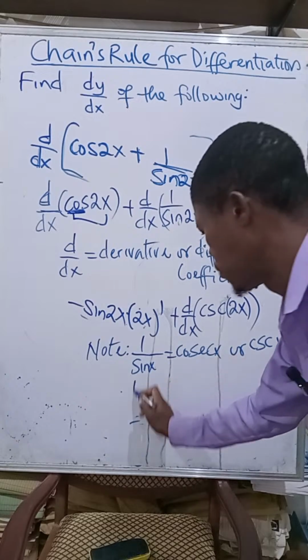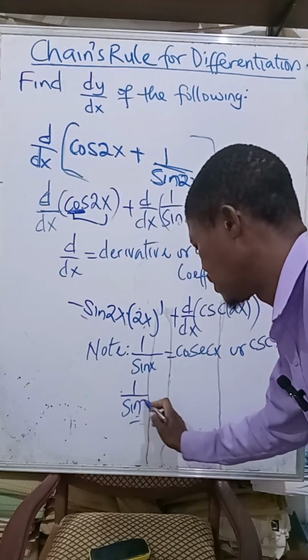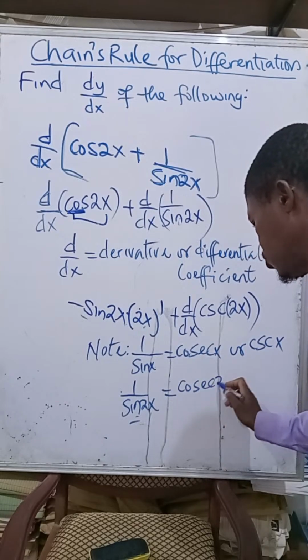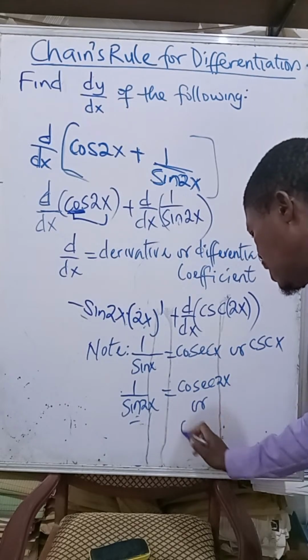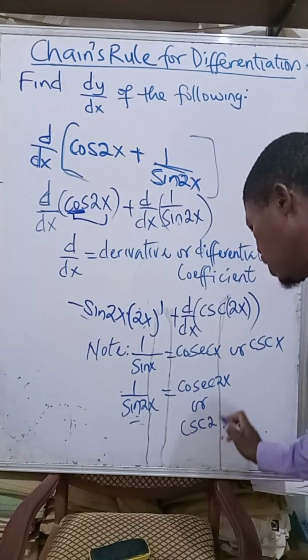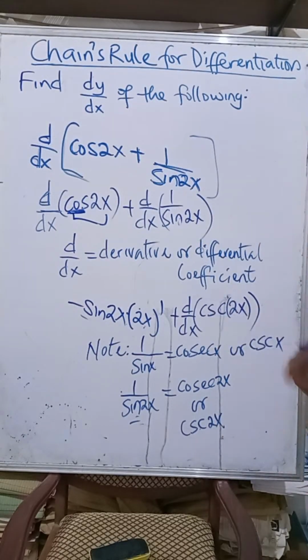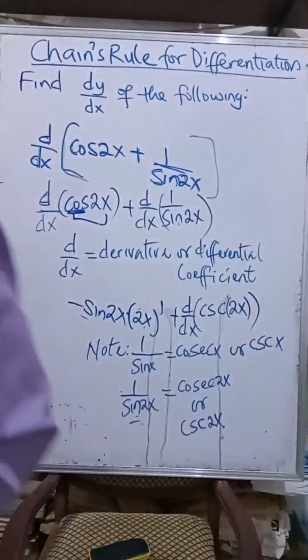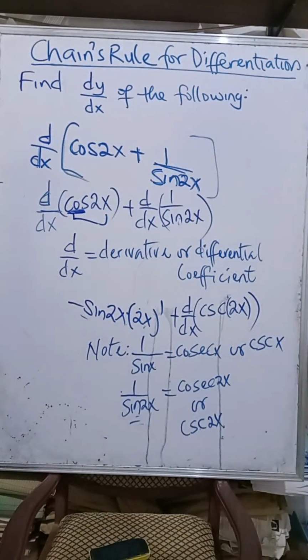So if you now have 1 over sine 2x, it's going to be equal to cosec 2x, or CSC 2x. Please note that. Take your journal, your pen, and begin to follow along with me.